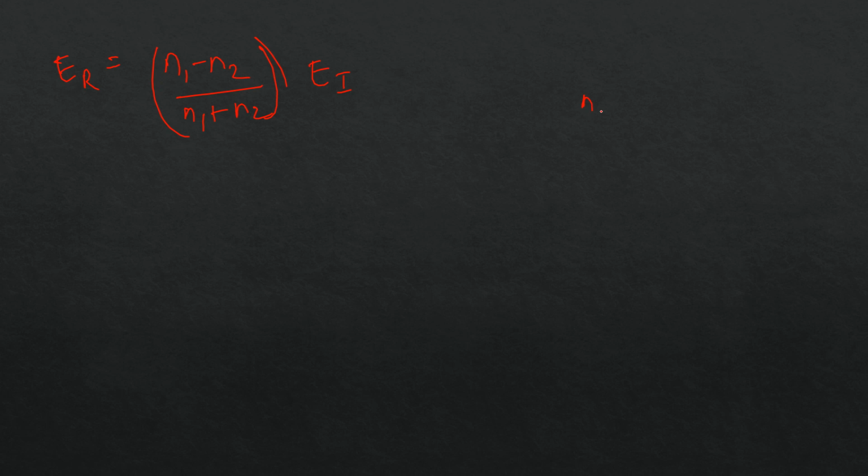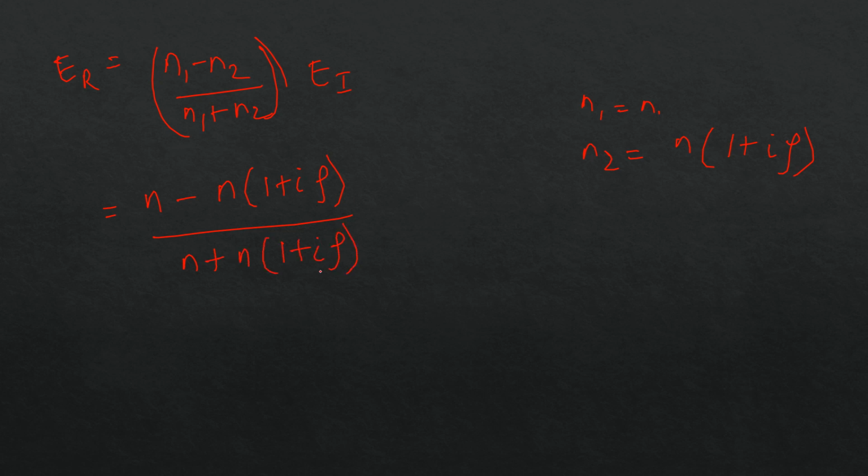So N1 is N, and N2 is N equal to 1 plus iρ, isn't it? So if I put it here, N minus N(1 plus iρ) divided by N plus N(1 plus iρ), times EI.